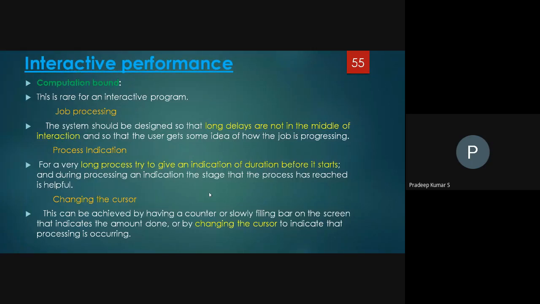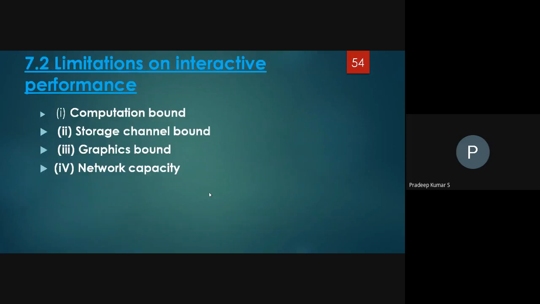So in total we have noted three factors under the computation bound in interactive performance: job processing, process indication, and change in the cursor. Dear students, in interactive performance there are four factors.